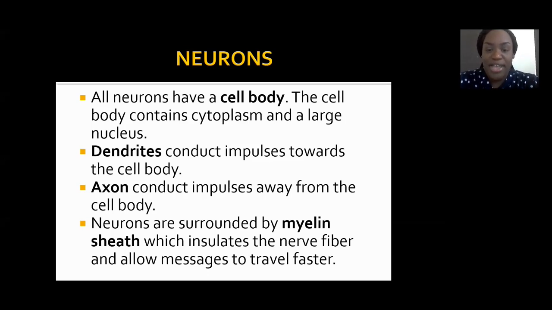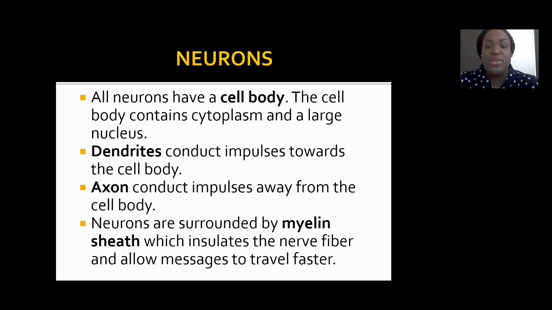Neurons, they have dendrites which conduct impulses towards the cell body. So they're like little attachments or little hair-like fringes that you're going to notice as we go through the slides. Okay, they conduct impulses, and these impulses are in the form of electricity, basically current. Now the axon is the pathway, okay, of which these electrical impulses are going to move from one neuron to the cell body of another neuron.